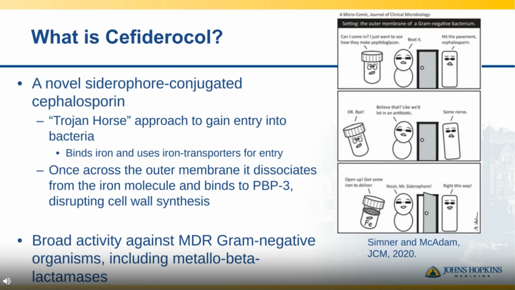Once it's across the outer membrane, it disassociates from the iron molecule and binds its target, PBP3, disrupting cell wall synthesis. The unique thing about cefiderocol is that it has broad activity against multi-drug resistant gram-negative organisms, including metallo-beta-lactamases like our NDM-producing E. coli.